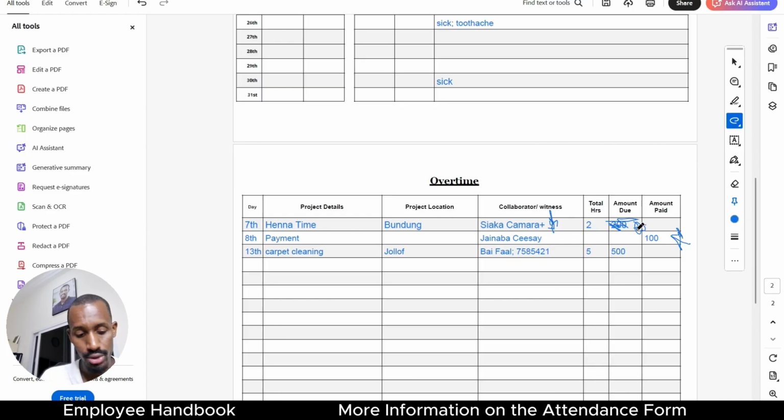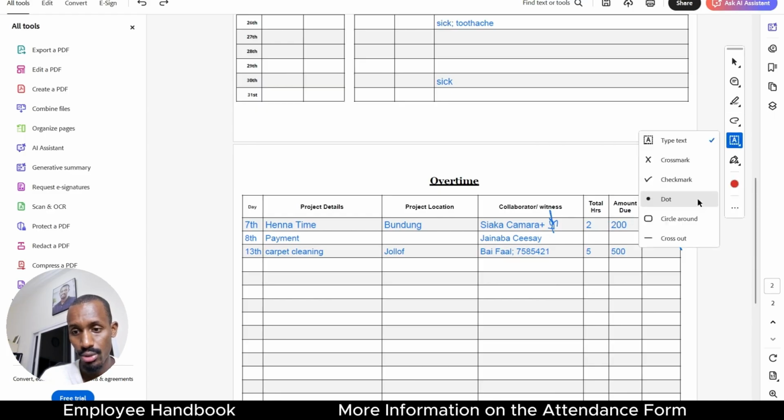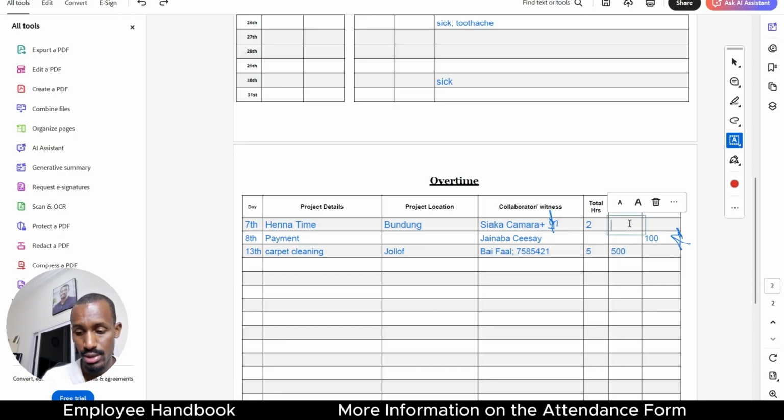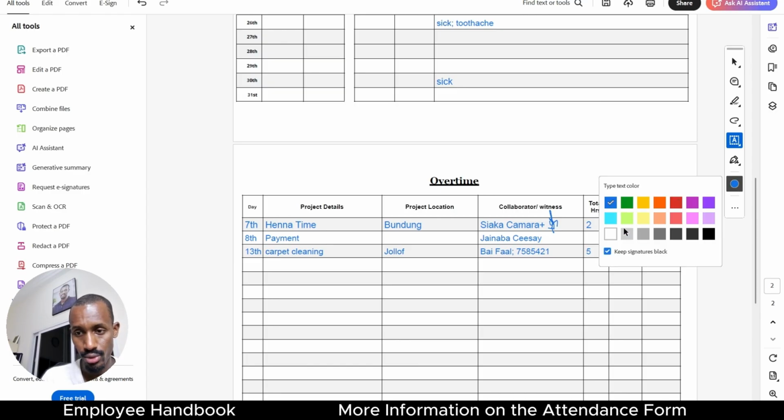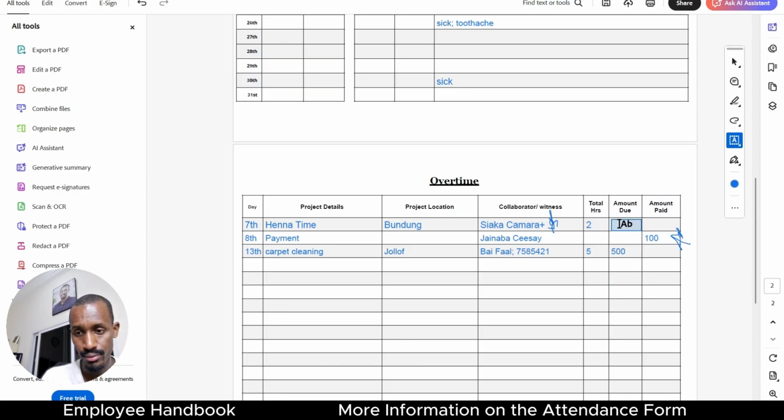No. What you actually do is you take the eraser and erase it, and then you write 200. Let me use the blue pen. You write 200. All right, never ever scratch anywhere.